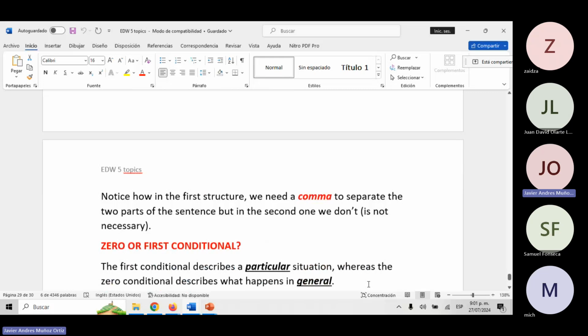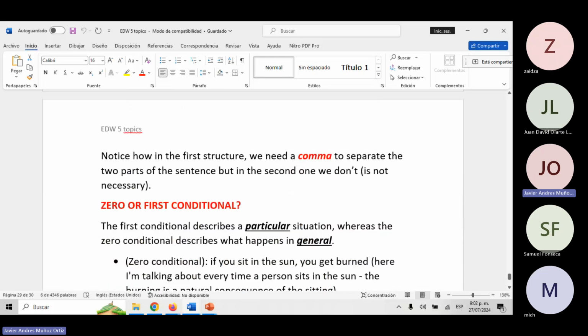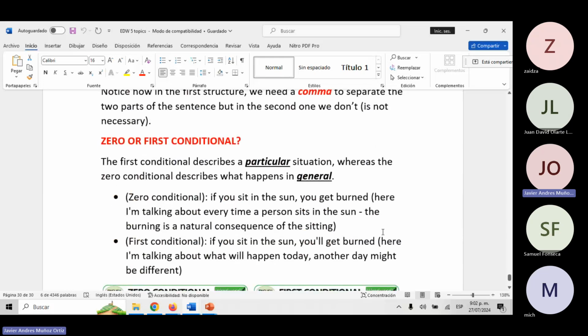We already know how first conditional works. We need simple present tense and we need simple future tense. The cause is present, the effect is future. So now we are going to do a parallel between these two conditionals because they are very similar. They are incredibly similar.